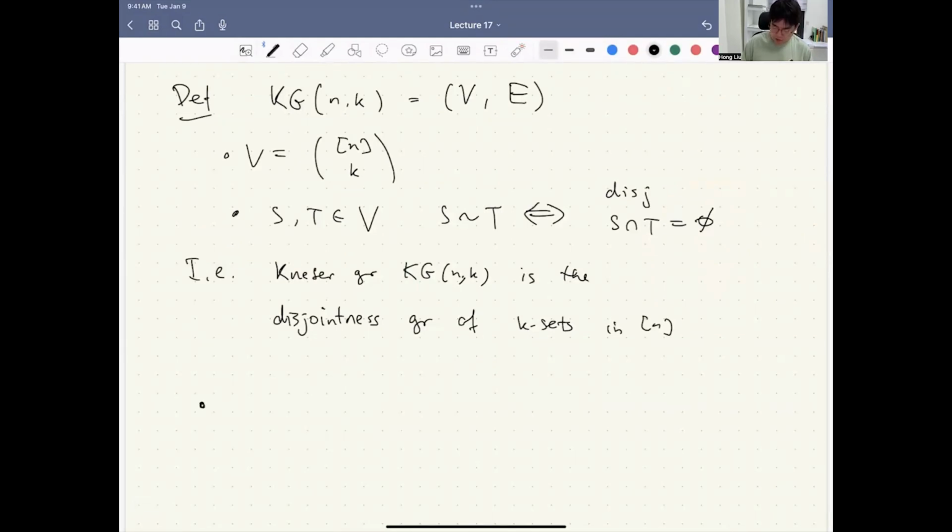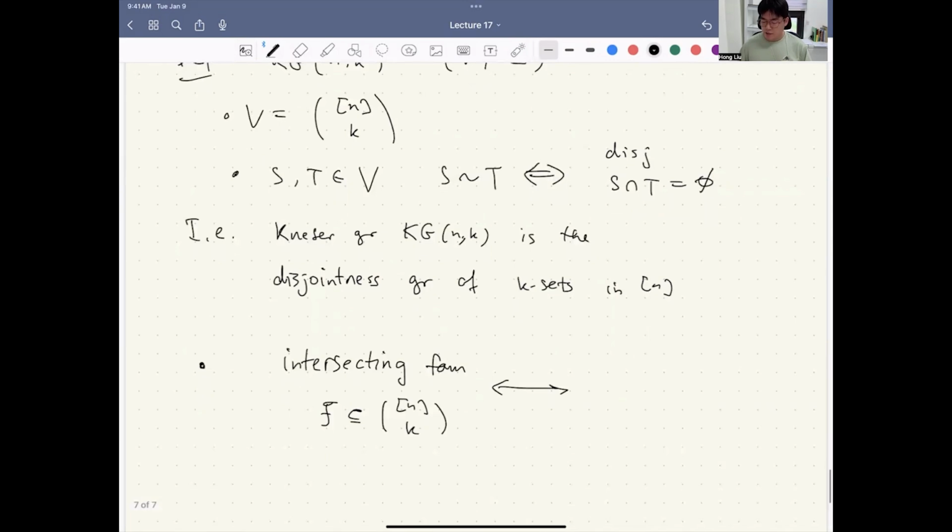In this way, the connection is that an intersecting family F in [n] choose k corresponds one-to-one to independent sets in the Kneser graph KG(n,k).